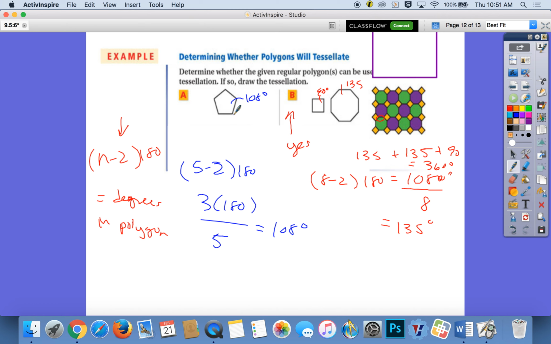If I put this together and repeated this pattern, I would end up getting 108 plus 108 plus 108, which adds up to 324. Therefore, I can't make a tessellation out of it because there's no way I can repeat this pattern and get 360 degrees where they intersect. So this is the main concept you need to get out of tessellations. You need to think vertex, where they come together, 360 degrees. That will help you answer this question of yes or no.